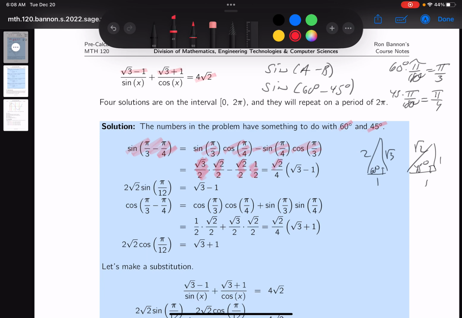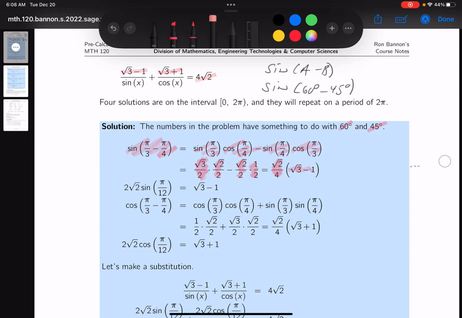The next thing is I factored root 2 over 4 out from those two terms, and we were left with root 3 minus 1. And this is equal to the sine of pi over 3 minus pi over 4. Let me get my eraser out. I want to emphasize that 60 minus 45 is actually 15 degrees, so we've got the sine of 15 degrees.